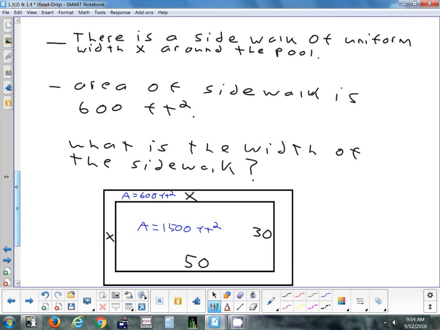All right, so the quantities I'm going to use here, I'm definitely going to use the area of the pool and the area of the sidewalk, but any guesses on how I can figure out the area of just the sidewalk part? I might have to find two areas and then do something with them.